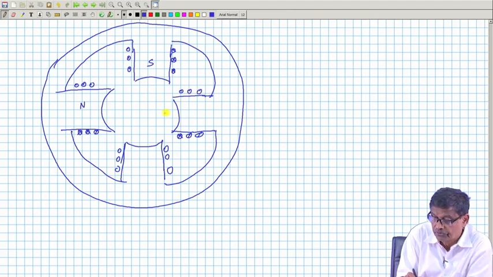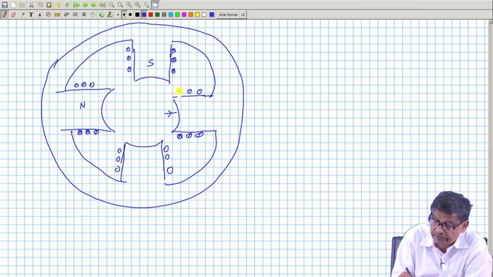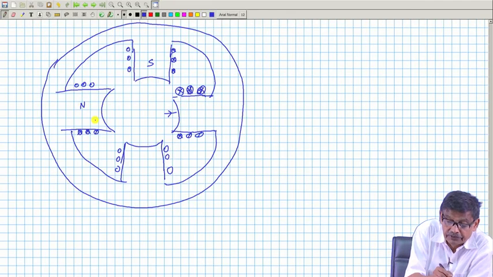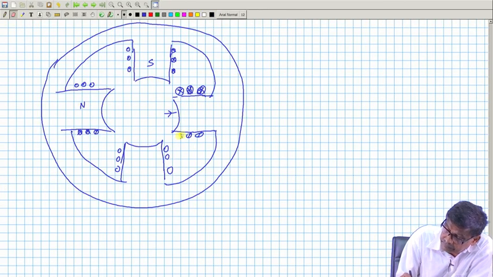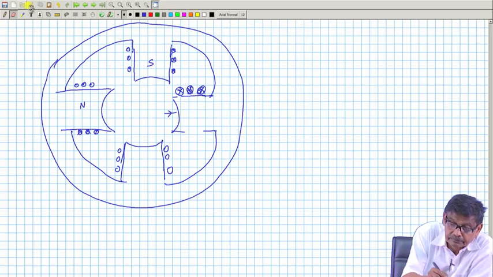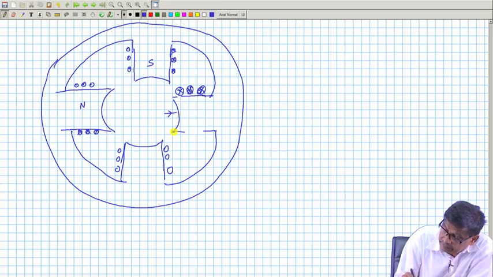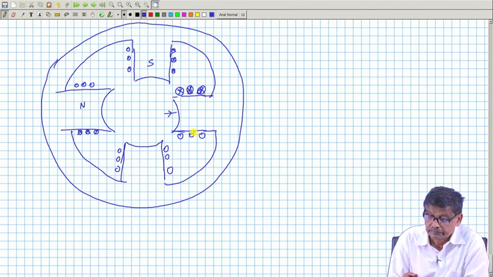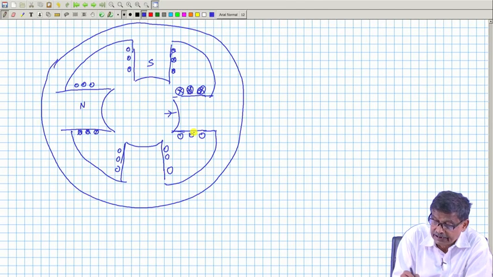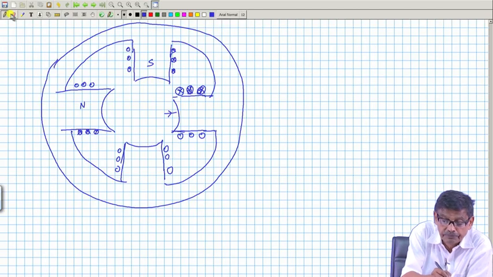So, lines of force will enter. Oh no, I have to make this cross, and these will be dots. So that once again it will become a south pole, north pole.